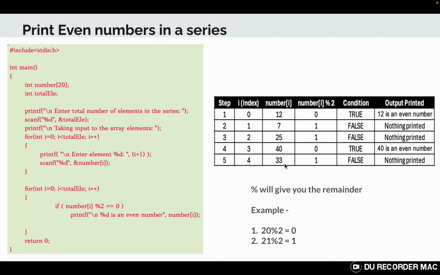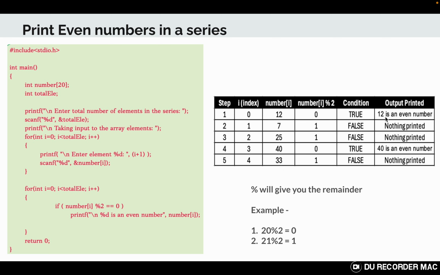If you divide 33 by 2, 2 1s are 2, then 13, 2 6s are 12, then 1 will come as a remainder. If 1 is coming as a remainder, then our condition becomes false and nothing got printed.